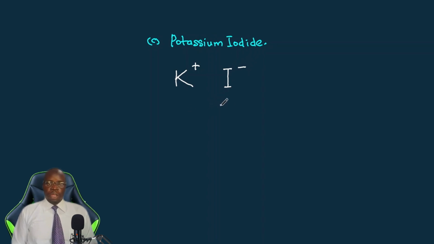If these two combine, since they are 1 to 1, we just have an interchange of 1 here, and bring 1 here, and positive and negative, we just pull them together to produce our potassium iodide like that. So that becomes the chemical compound called potassium iodide.